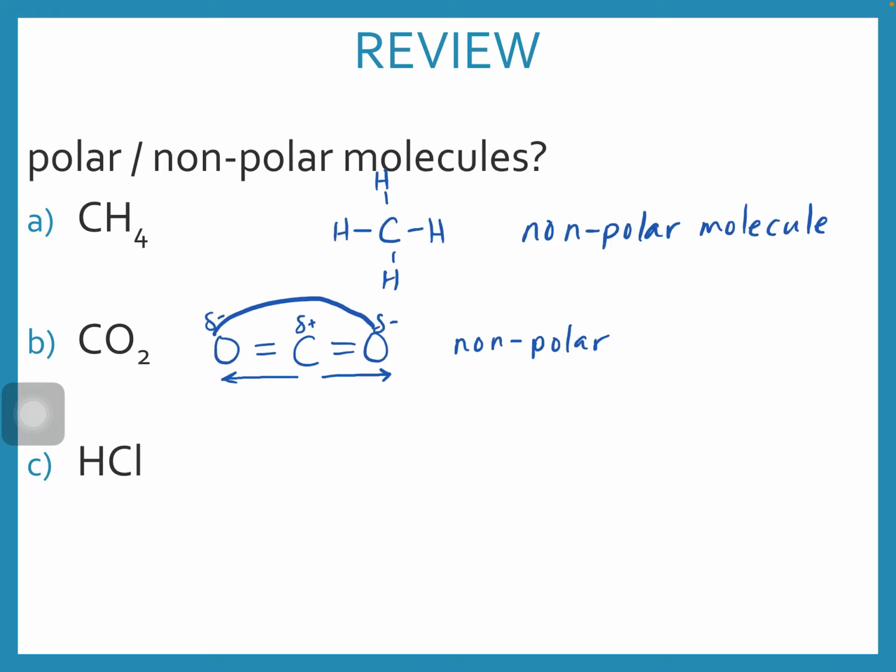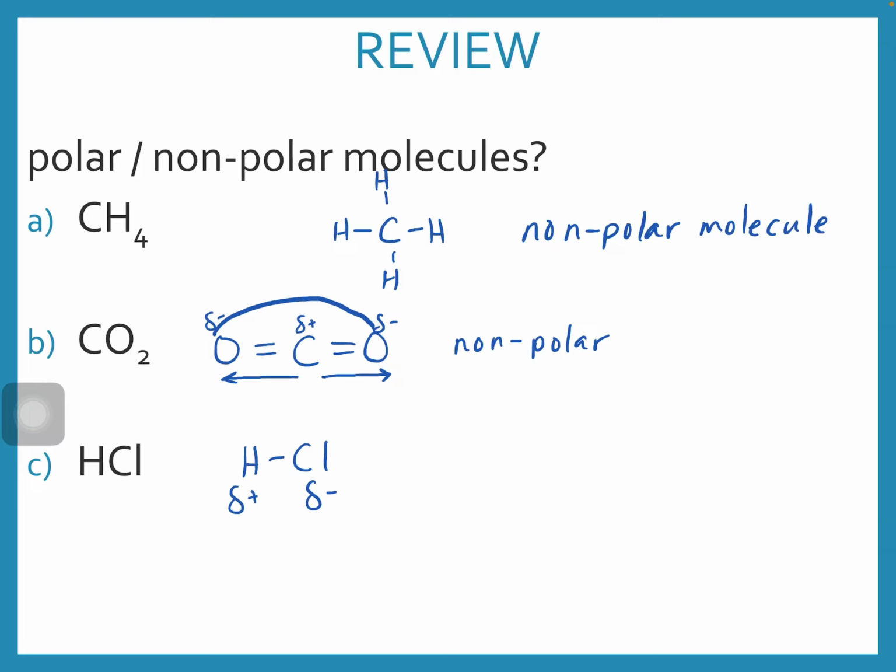And then hydrogen and chlorine. Chlorine is 3.2, hydrogen is 2.2, so we have a delta EN of 1. Here, because there is no symmetry, chlorine is more electronegative, so that's going to be a slightly negative end, and hydrogen is going to be the slightly positive end. As chlorine pulls hydrogen's electron closer to itself, so not an equal sharing, it's not strong enough to fully pull that electron over into its own valence electron shell, but it does pull it closer.